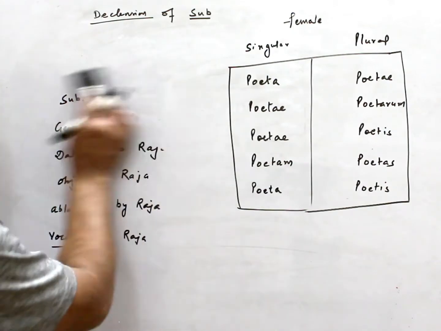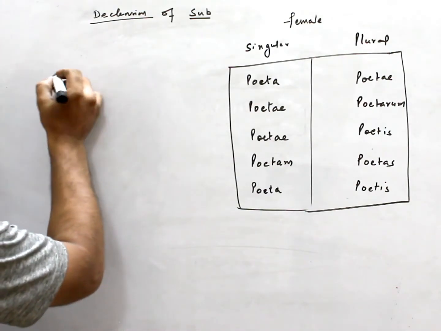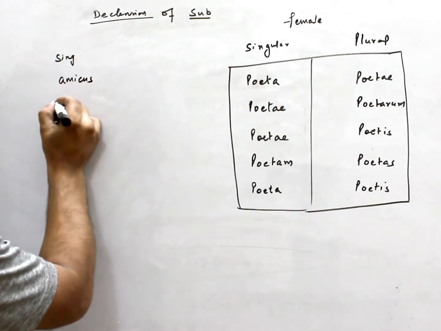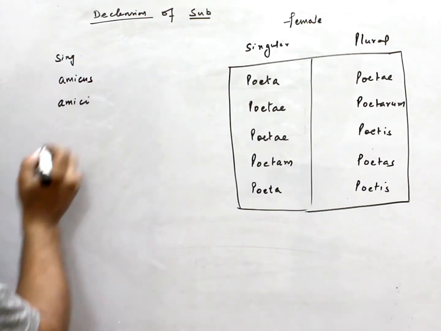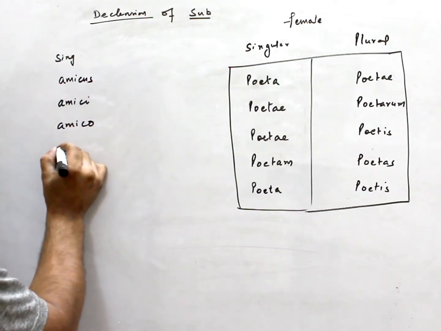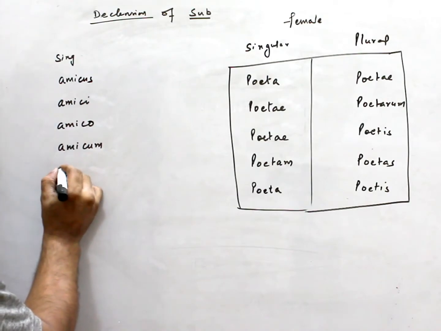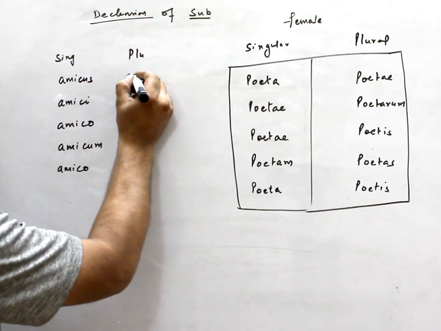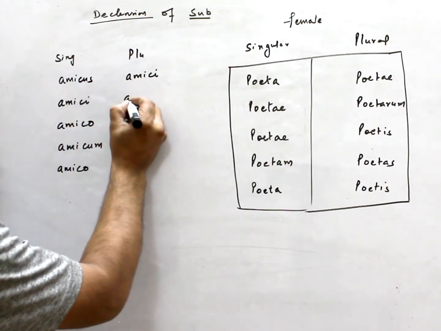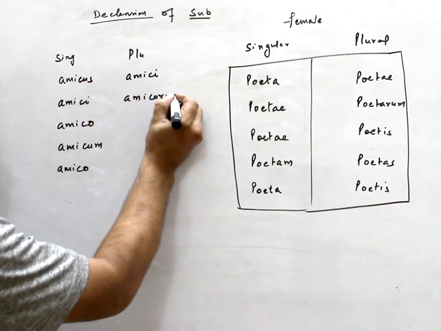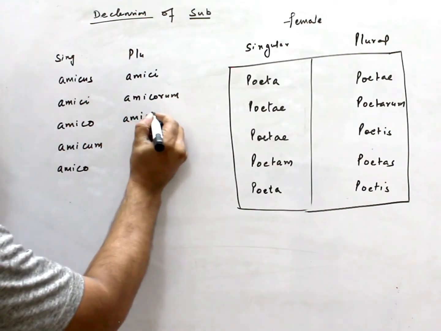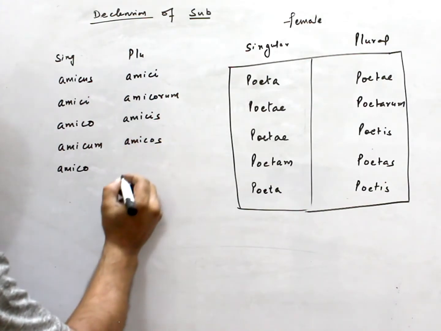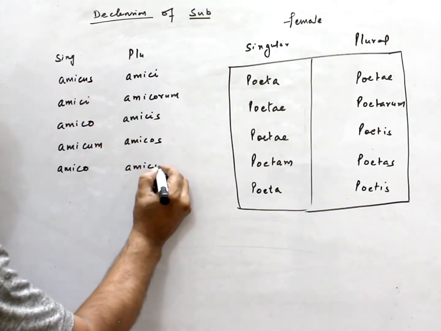And for male, like I do amicus. This is the singular case: amicus, amici, amico, amicum, amico, and plural: amici, amicorum, amicis, amicos, amicis.